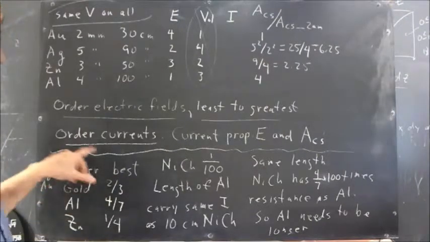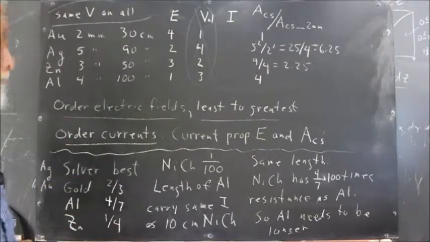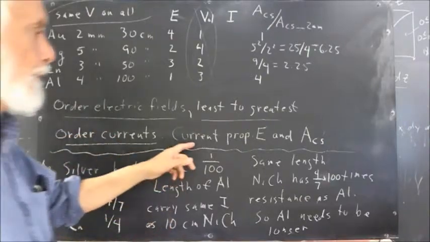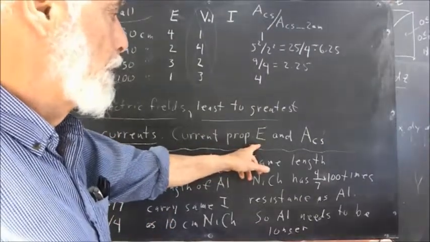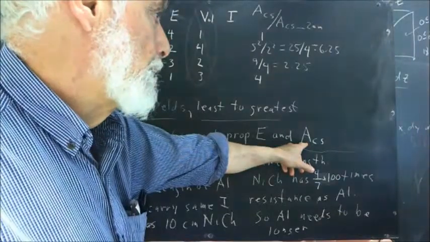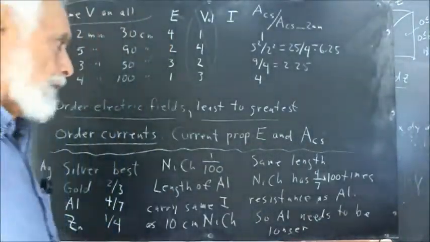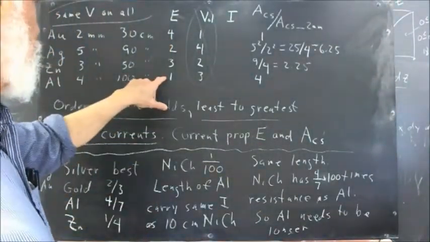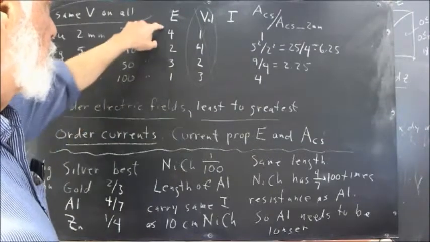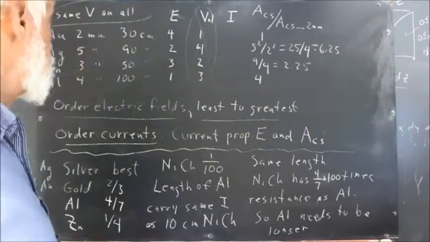Okay, so now we want to order the currents. Well, remember the current is proportional to the electric field and the cross-sectional area. So here we have the least, here we have the greatest electric field.